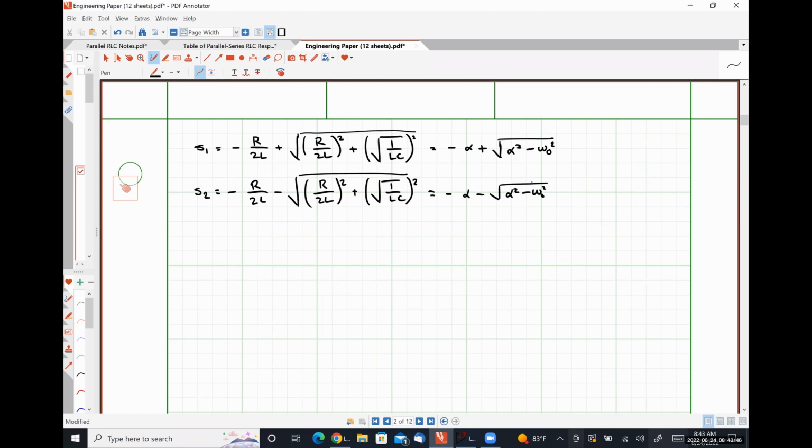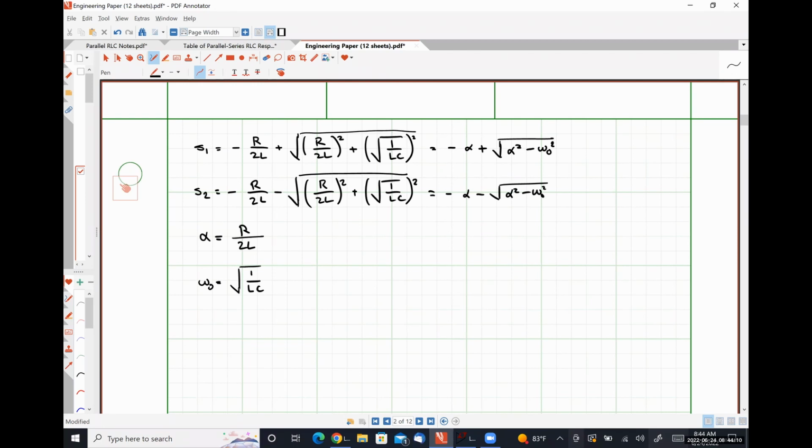And at this point, we observe that alpha for a series RLC circuit is simply R over 2L. Omega naught for a series RLC circuit is the square root of 1 over LC.